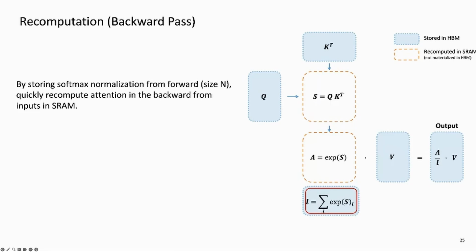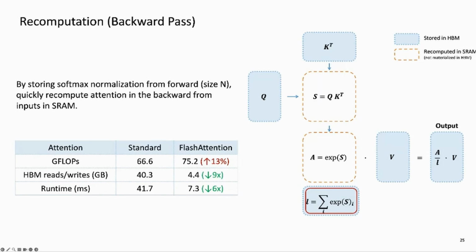And once you have these QKV loaded into SRAM, computation is actually pretty cheap. So this is something you build intuition about, what's fast and what's slow. Somewhat counterintuitively, even though we do more computation, as long as we reduce memory reads and writes, we can get significant speed up. So here's a comparison between standard attention and FlashAttention. In terms of number of flops, we incur, in this case, 13% more flops.